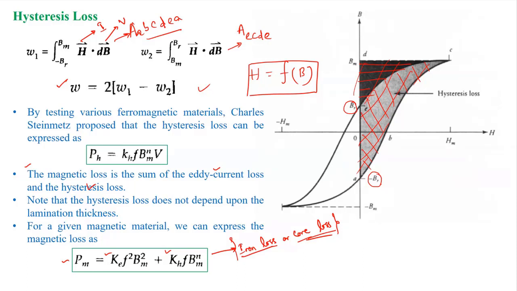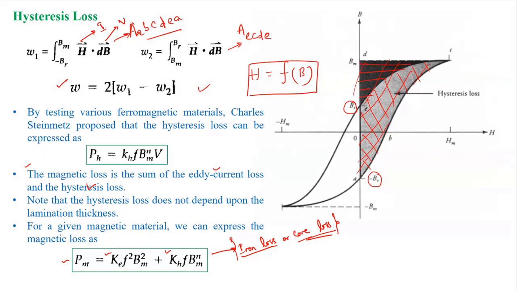When the dipoles move, the molecules also move, and it creates friction inside the material. So that causes the magnetic loss. We can call it molecular friction because of the magnetic field. Whatever molecular friction takes place inside the material, that is the hysteresis loss. Okay, are you getting it?